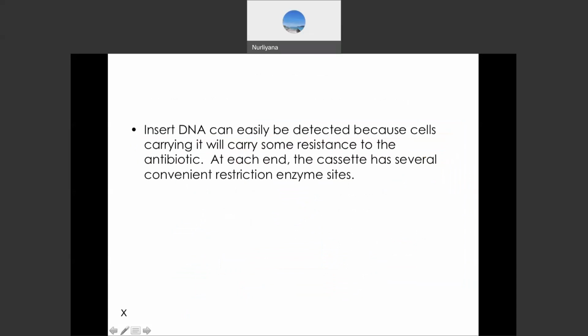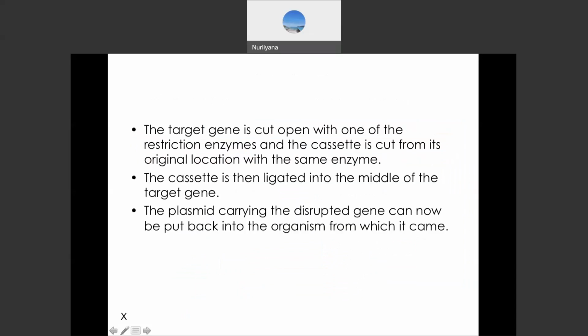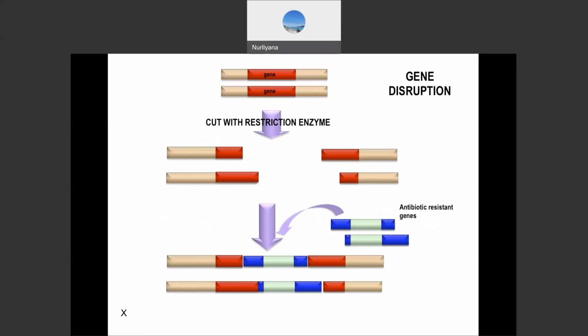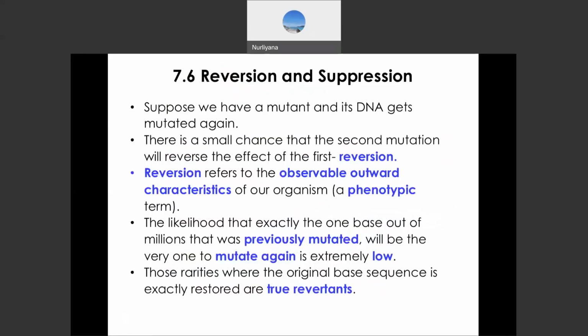Because of this, it is considered a good thing. At each end, the cassette has several convenient restriction enzyme sites. You can read this all through, but the most important point is that it is an antibiotic resistance gene that can be helpful for experimental purposes.